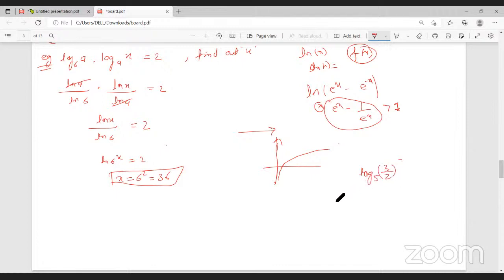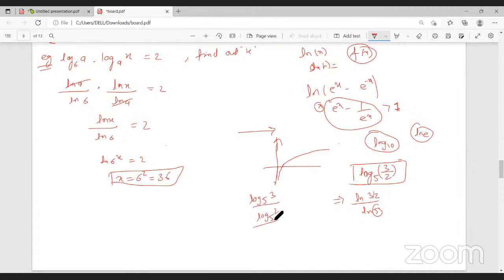You can simply apply the log change of base property: ln of 3/2 upon ln of 5. You will get the value, just put it in the calculator. Also, sir, we can use the property ln 3 minus ln 2. Yes, but for calculating the value we should have log to the base 10 or ln, the natural log, or otherwise we should know the values of log of 3 to the base 5 and log of 2 to the base 5.